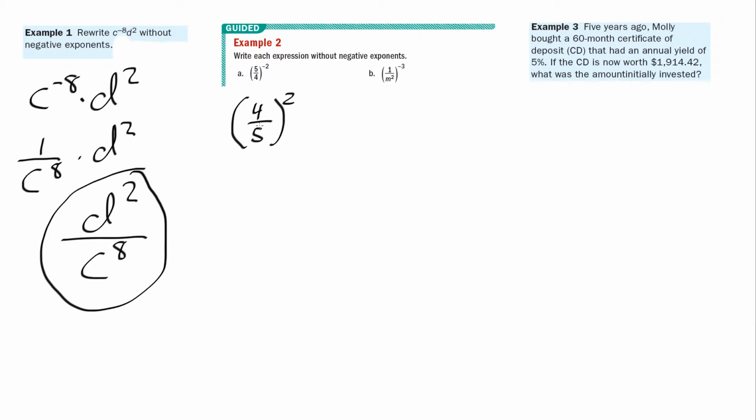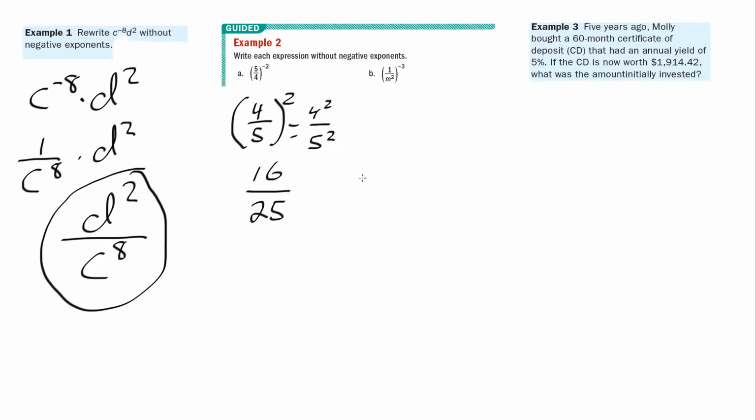And well, let's go ahead and finish this off. We can simplify it, right? So 4 squared is 16, 5 squared is 25, so that's 16/25. How did we get that? Well, we learned that last time, right? That's 4 squared over 5 squared.